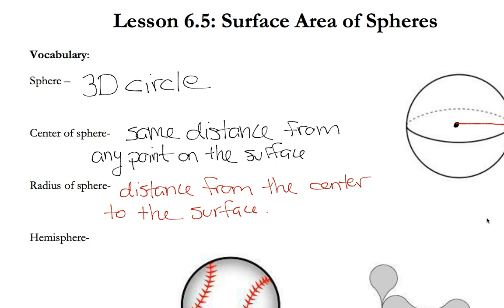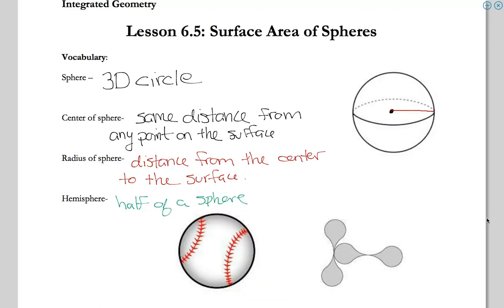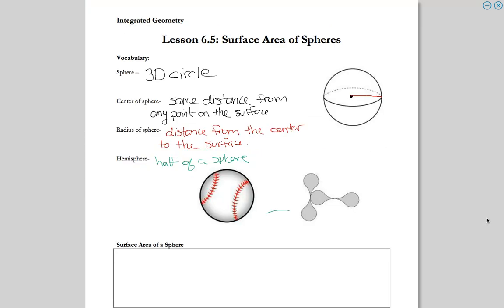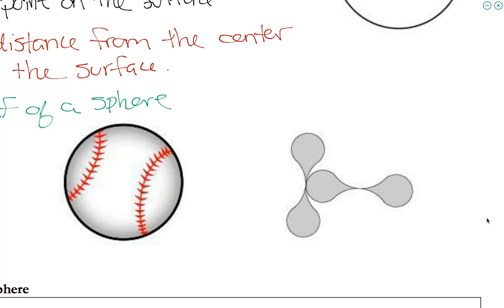And a hemisphere is half of a sphere. And we've actually talked about most of this stuff back when we did volume. So now that we're doing surface area, it's good to think of this as a baseball.